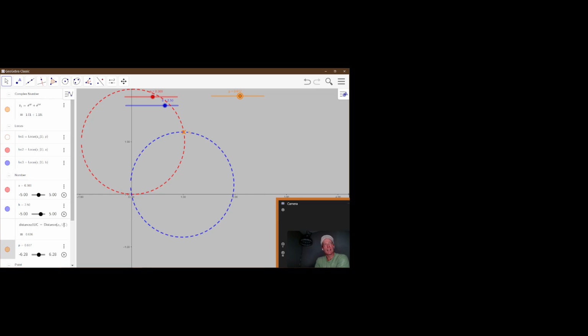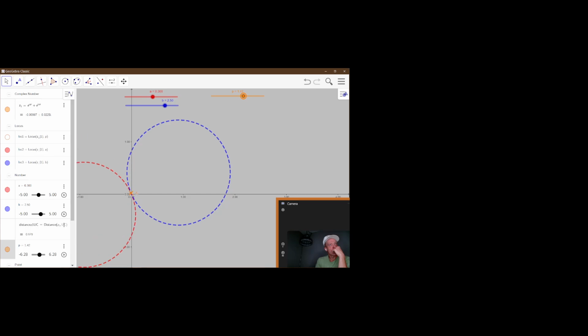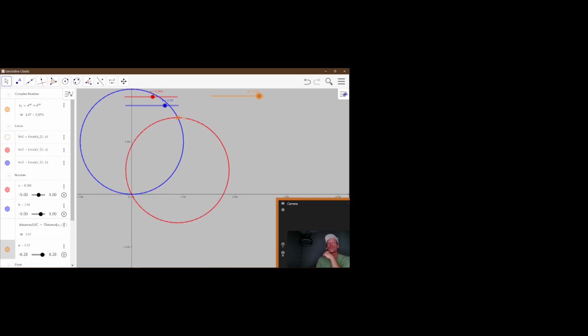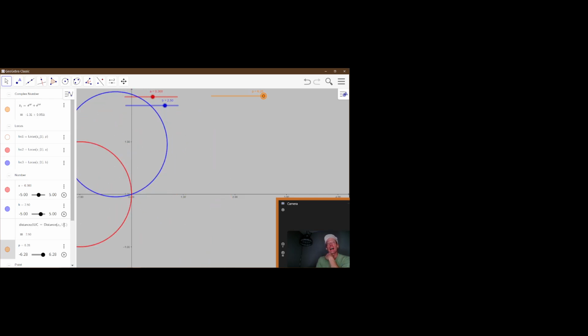There it is. See, almost, you say, oh, they're going in a circle around. No. Notice by the time I get to 2 pi, where have the dashed lines gone? They're still there. They've just wrapped on top of each other.